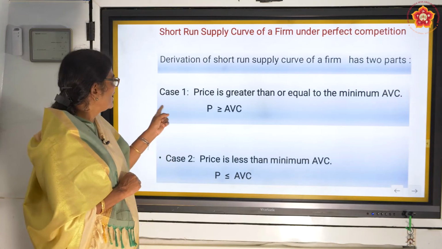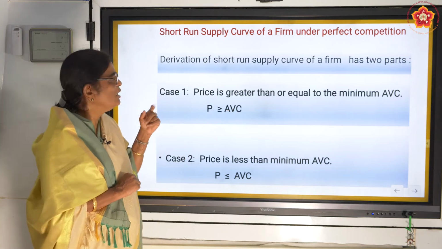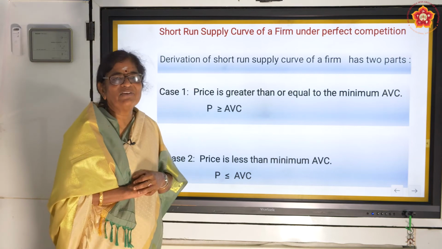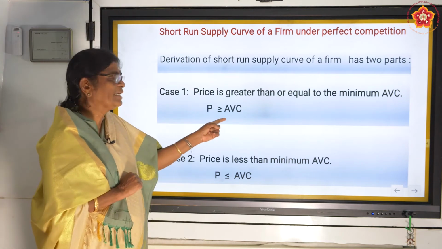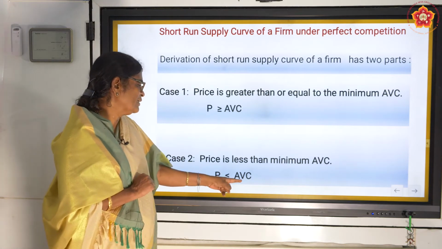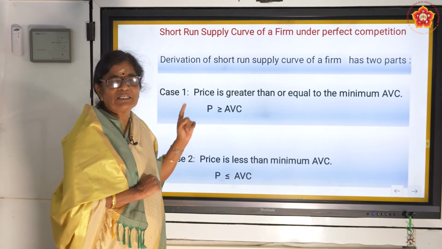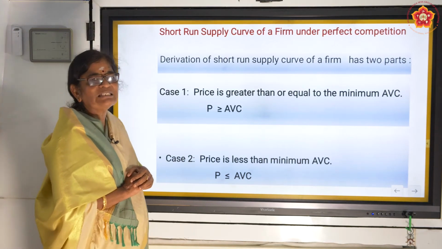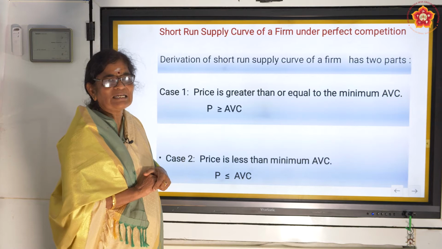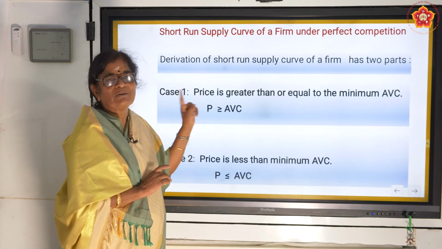Now, I have already explained the two situations we are going to discuss to derive the short-term supply curve of a firm. The first situation, P greater than AVC, I have explained to you, and the second situation, P less than AVC. The condition needed for profit maximization, according to what we defined in the last class, is that P must always be greater than average variable cost.